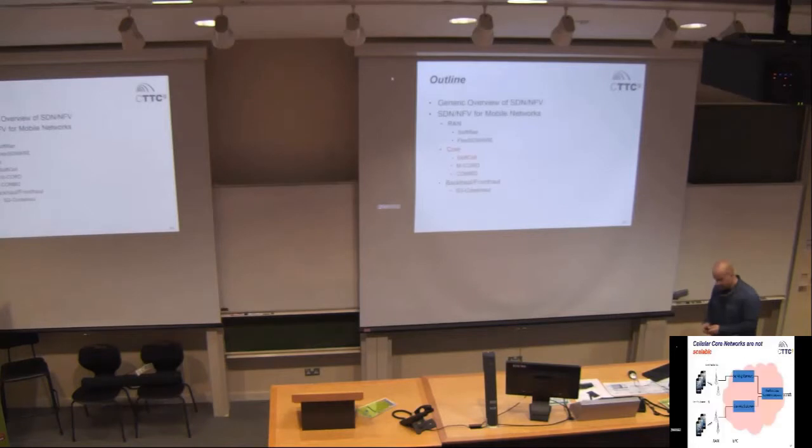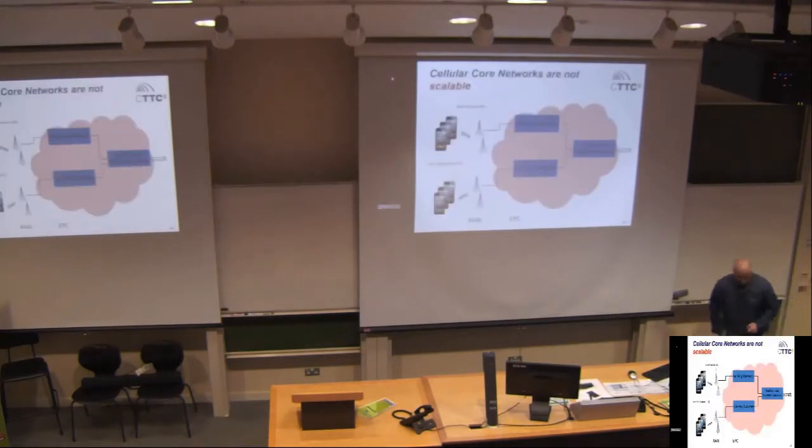So basically, SoftCell, if we take a look at the typical architecture of a mobile network, and now we fix our attention to the part related to the core, we can think that the packet data network gateway has a lot of tasks to do. So it has to do a lot of processing.